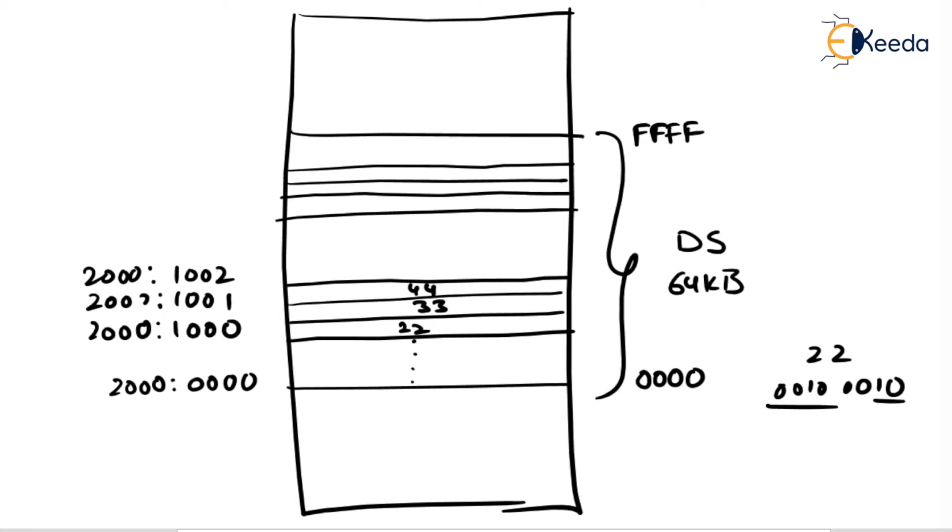The 22 is available at location 1000, and the destination locations are 2000:1010, 2000:1011, 2000:1012. This 22 should become here, 33 here, 44 here. Like that you have to write the program.